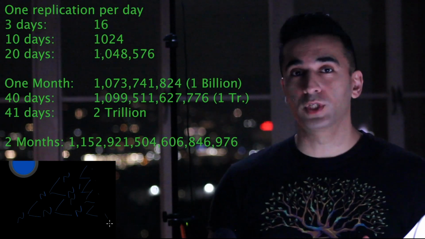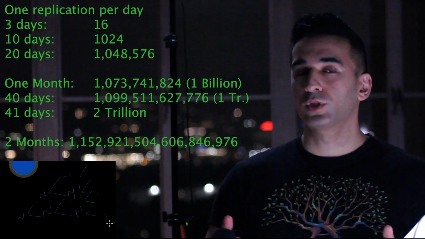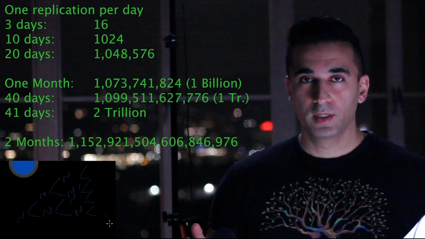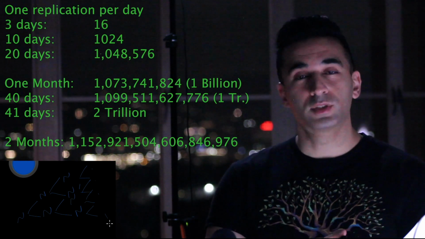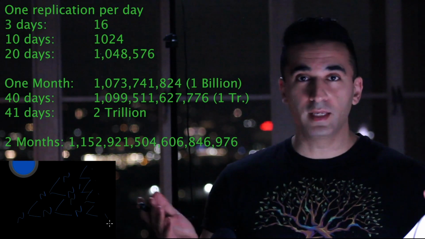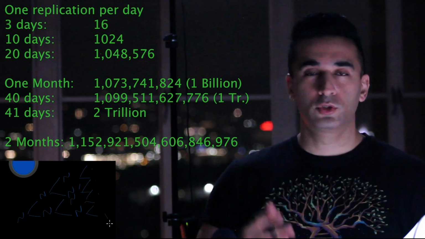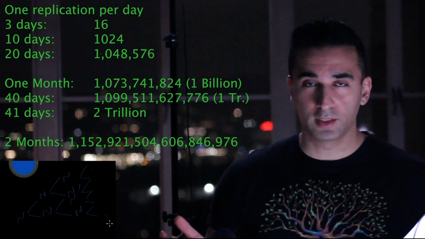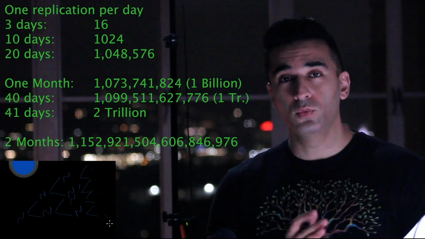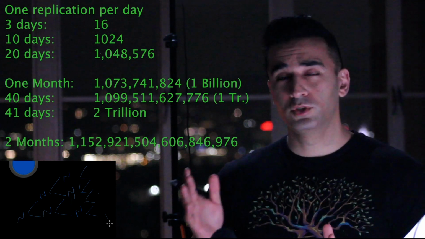So within, let's say, a few days or a few generations, you could easily reach 1 billion RNAs. And then, let's say the replication time is a day. The next day, you will have 2 billion. And before you know it, you're hitting trillions of entities of RNA strands. And then within one day, you're going to go from 1 trillion to 2 trillion.